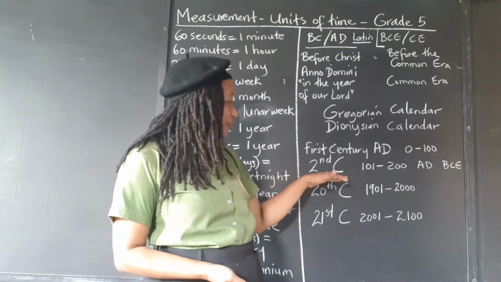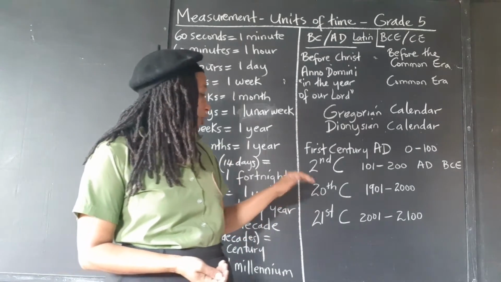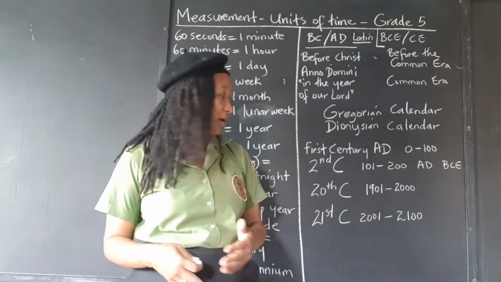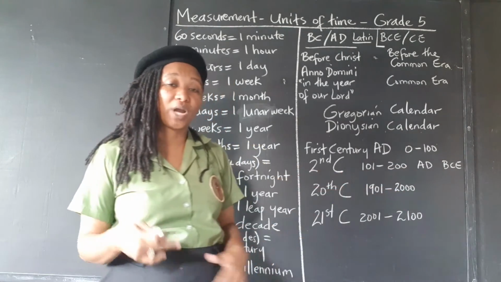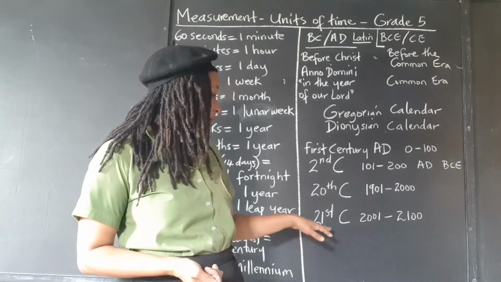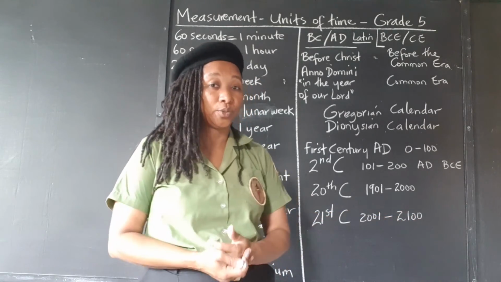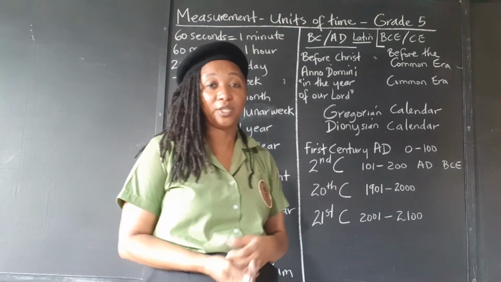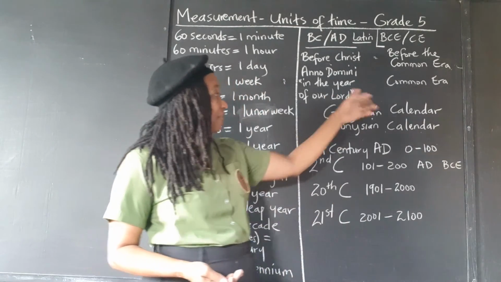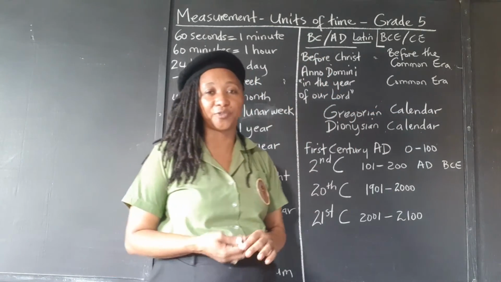So the 2nd century would be 101 to 200. The 20th century therefore would be the years from 1901 to 2000, and we're presently living in the 21st century. So from 2001 going up to 2100 will be the 21st century. So we're presently living in the 21st century of the Common Era, or AD, 21st century AD.